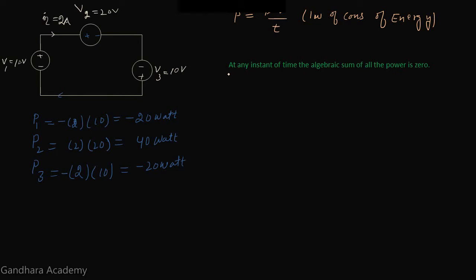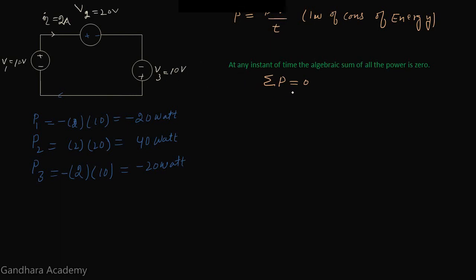So in case of electrical power, we can say that at any instant of time, the algebraic sum of all the power for any system is equal to 0. It means that the power delivered to the circuit will be equal to the power absorbed by the circuit.